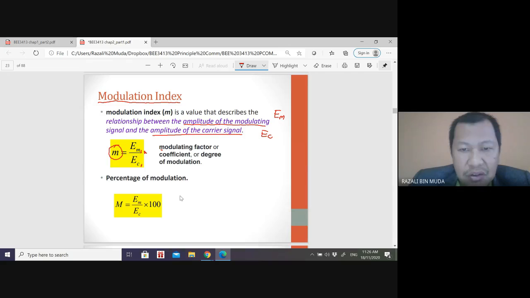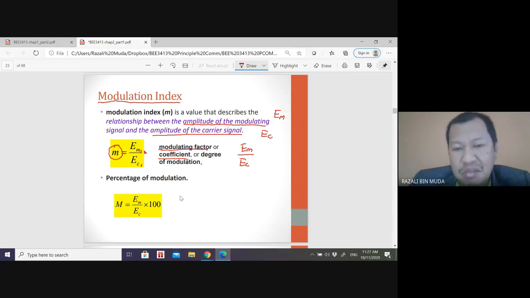Modulating factor or coefficient or degree of modulation. So modulation index is EM over EC, right? EM over EC. This modulation index is also known as modulating factor or modulating coefficient or degree of modulation.